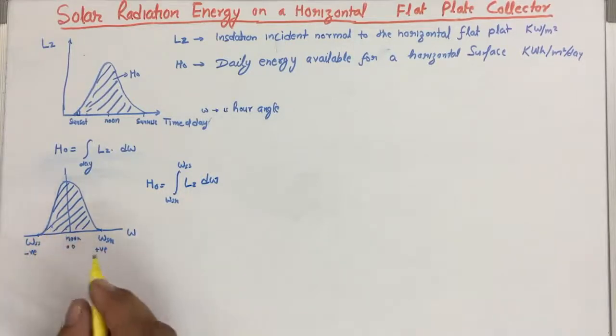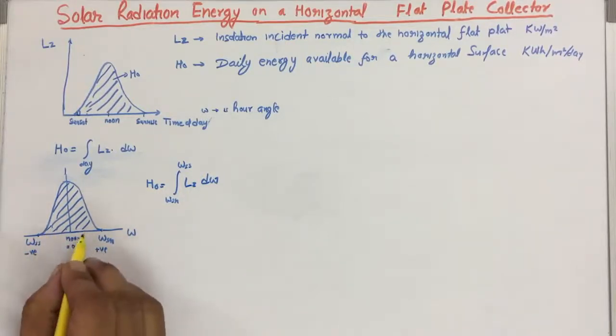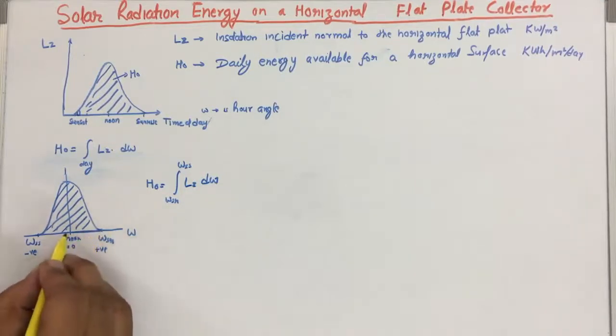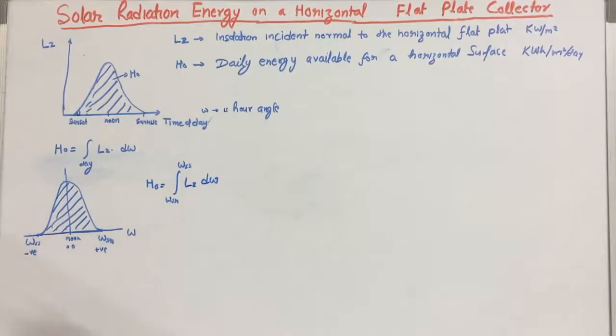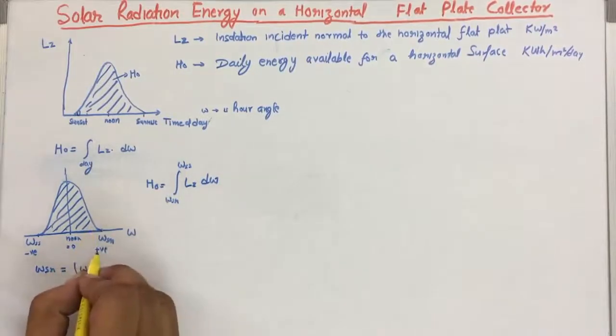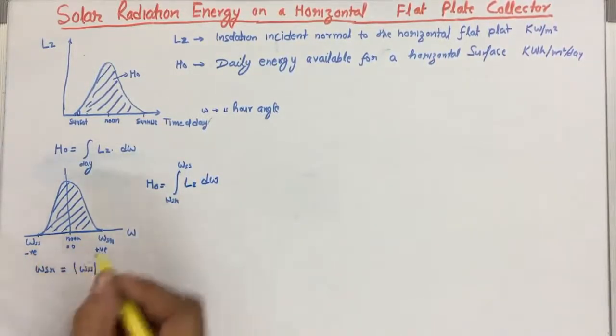The second assumption that is made is that this angular length and this angular length are equal. So we can say omega SR is equal to omega SS. In that case the magnitude is the same, however this is the minus of this.